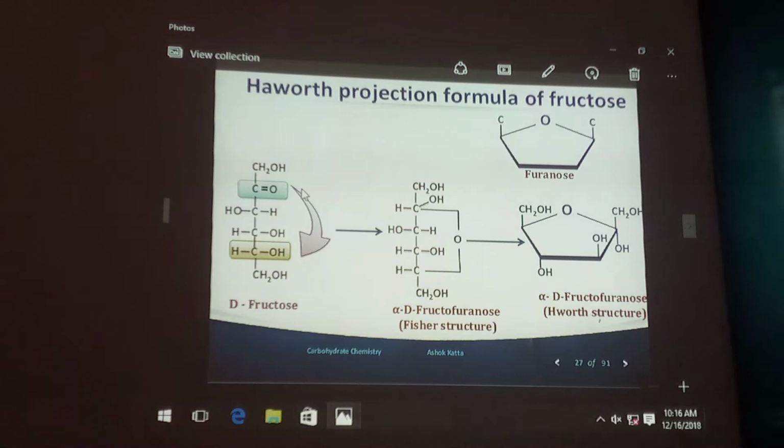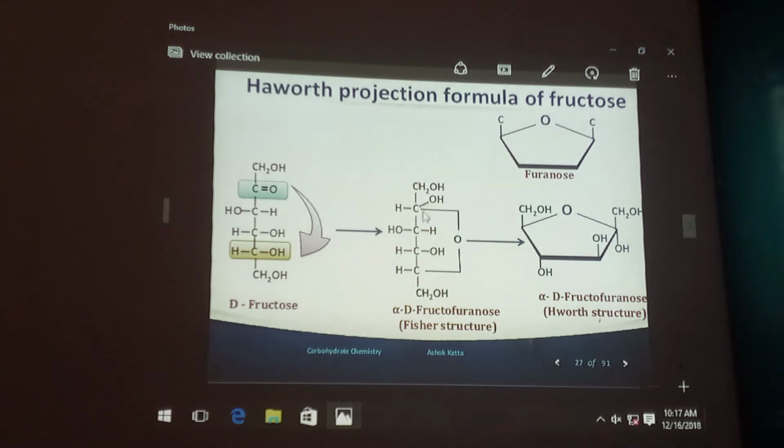That is, there is a shift of proton from carbon number 5 to the carbonyl oxygen, and then carbon number 5 bearing the oxygen will get attached. This hydrogen is shifted, so we are getting this OH group over here, and at the same time this carbon will get attached to this one.